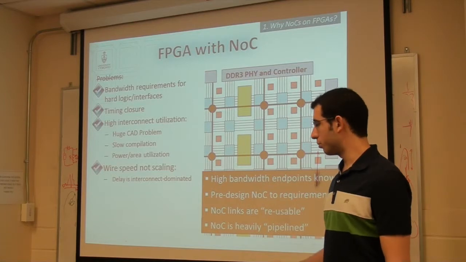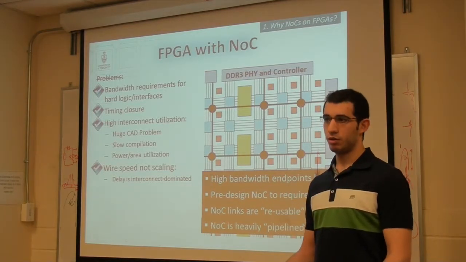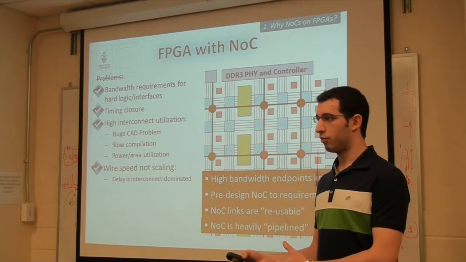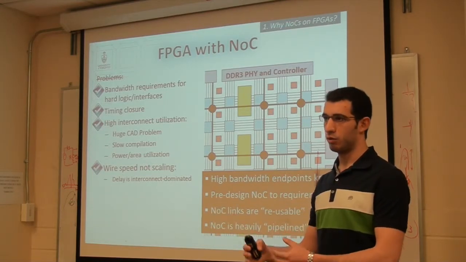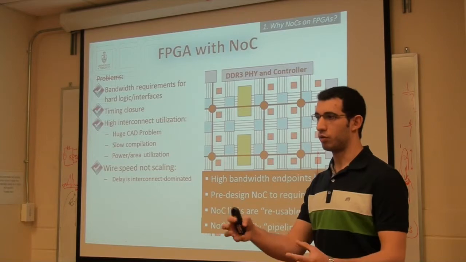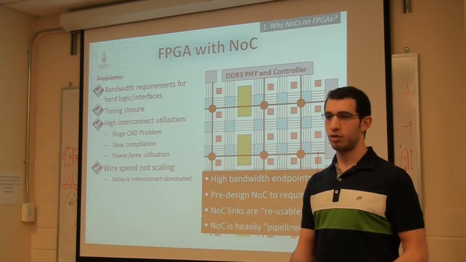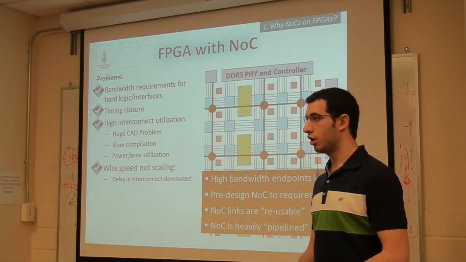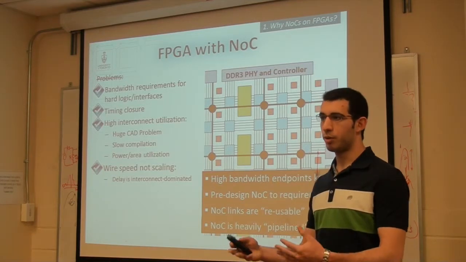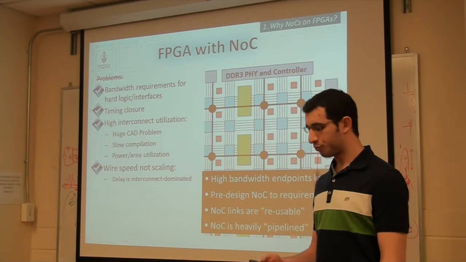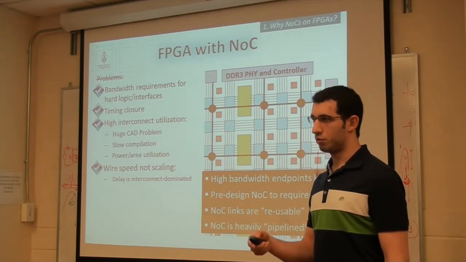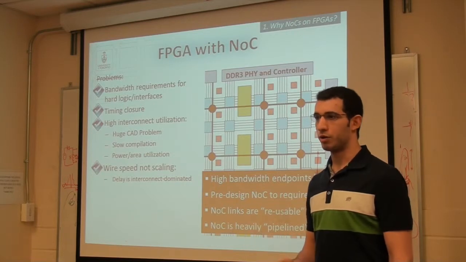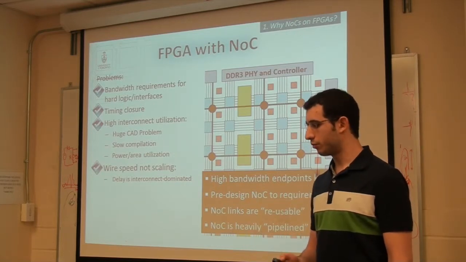For wire speed scaling, you can look at the NoC as a heavily pipelined network of short wires, or relatively short links, and router nodes. So each router node can almost be looked at as a pipeline stage. And so we already have a pre-pipelined interconnect in our system, which gets rid of those large global wires that are very slow.